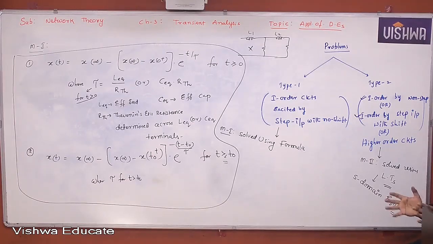If you do not have that facility in the given network and the elements are arranged with L1 somewhere and L2 somewhere else, and you're not able to calculate L equivalent, this method is not applicable. Again, those problems can also be determined using the type 2 method, that is solved by application of Laplace transformations.